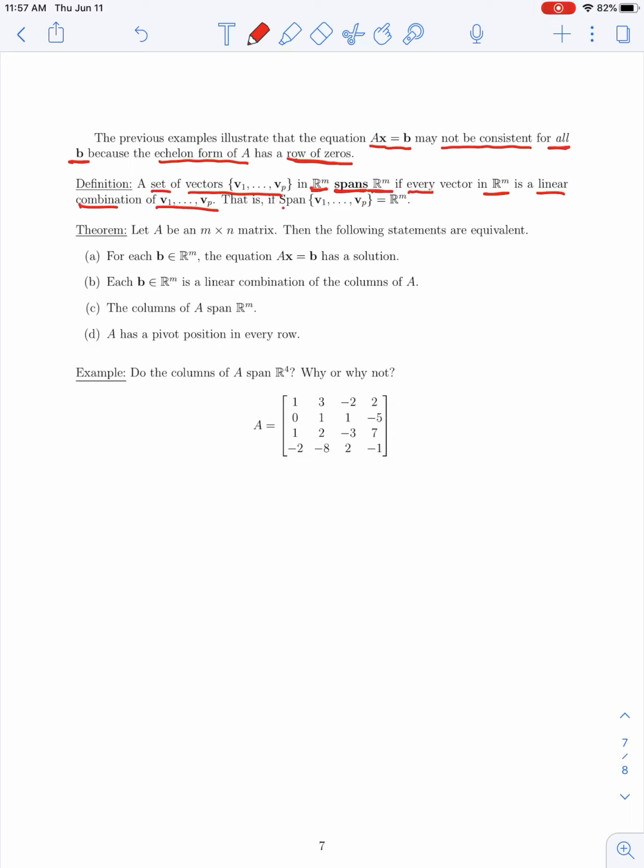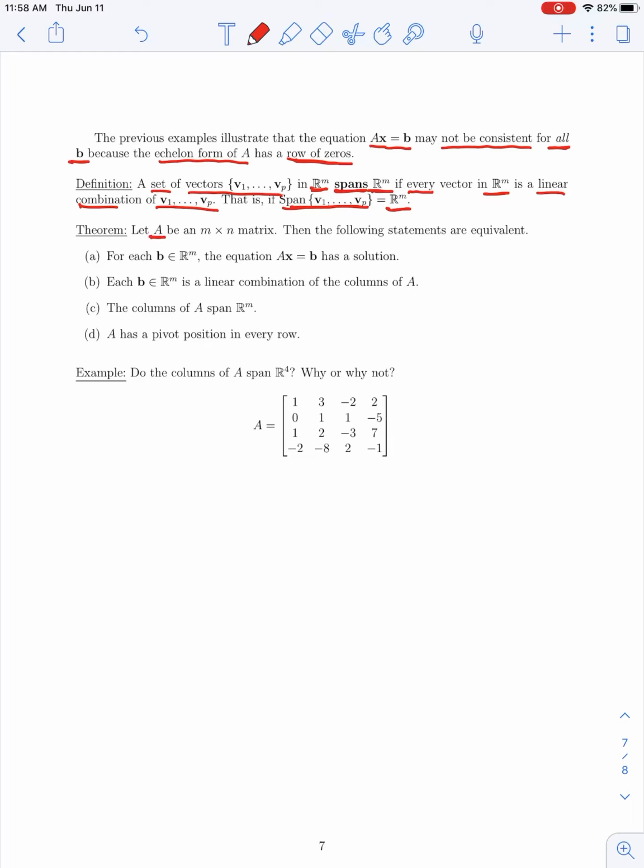Or equivalently, if the span of those vectors is equal to all of Rm. So the question is, when would a set of vectors span all of Rm? And the following theorem gives us an answer to that question.